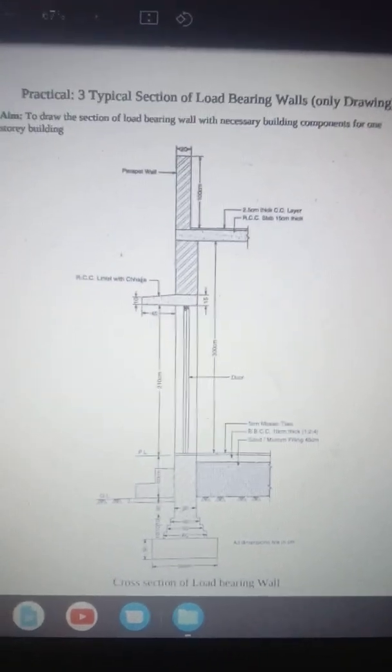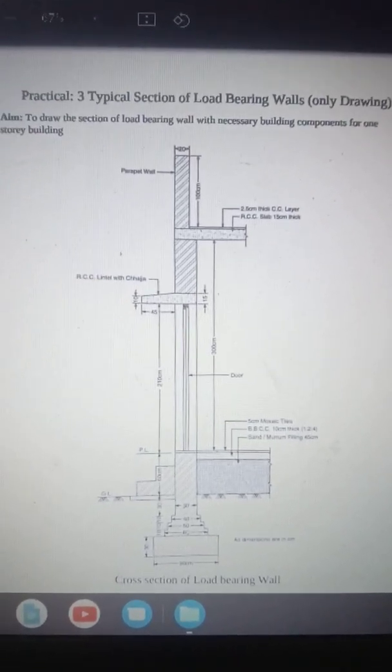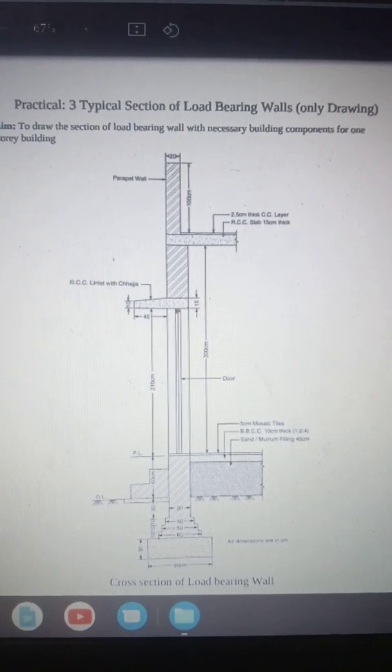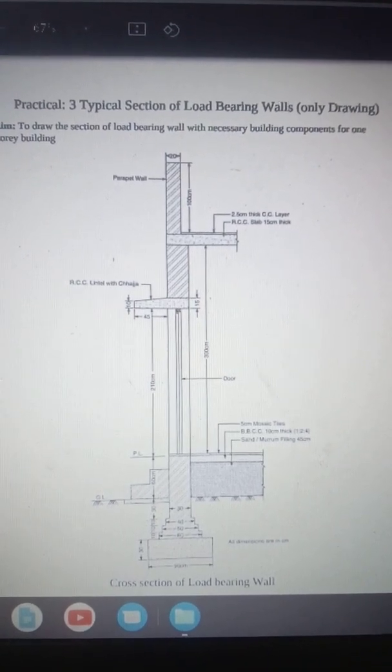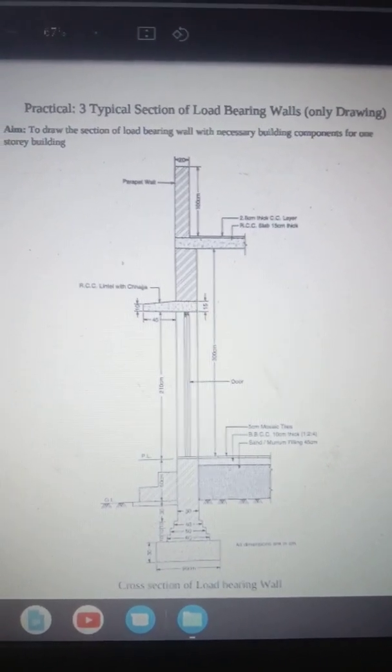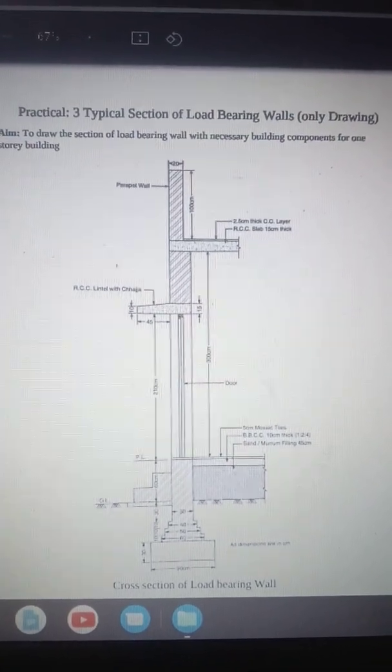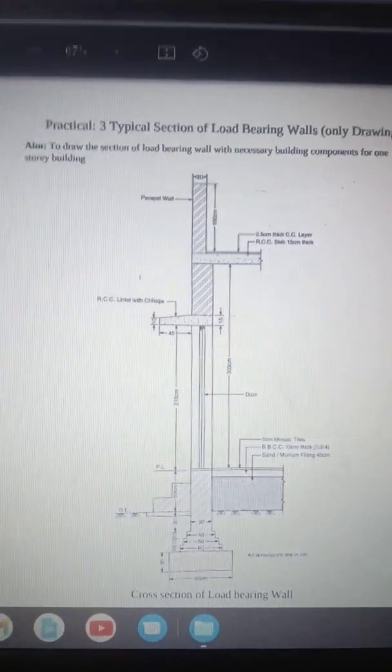Now see students, this is the picture of our practical number 3, a typical section of a load bearing wall, right? This drawing you have to draw in an A4 size drawing sheet to some scale, okay?